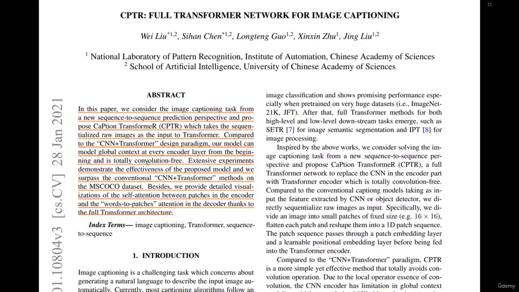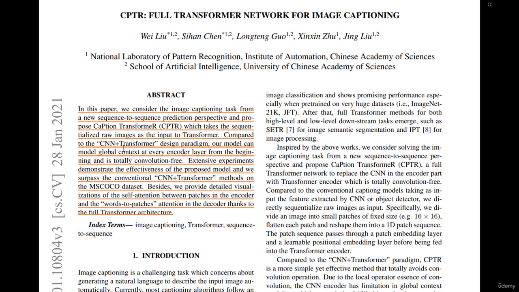In this paper, the authors consider the image captioning task from a new sequence-to-sequence prediction perspective and propose caption transformer, or CPTR, which takes the sequentialized raw images as the input to the transformer, compared to the CNN transformer design paradigm.